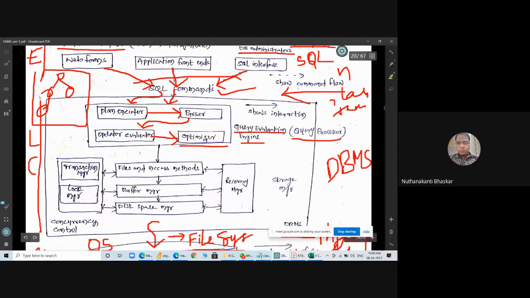So for this tree, which order to traverse, in-order or pre-order, which way we are going to evaluate this tree, the optimizer is going to verify. This is exactly what query evaluation is. If anything fails here, it does not move down. It will be stopped and an error will be shown to the user. That is exactly the query evaluation engine.